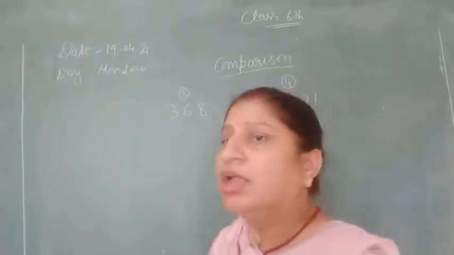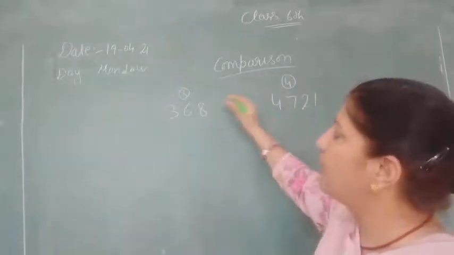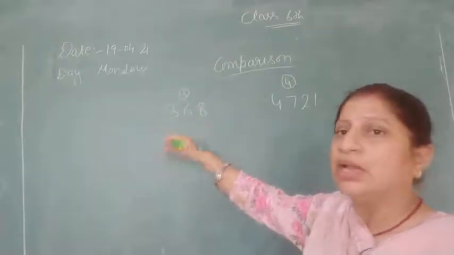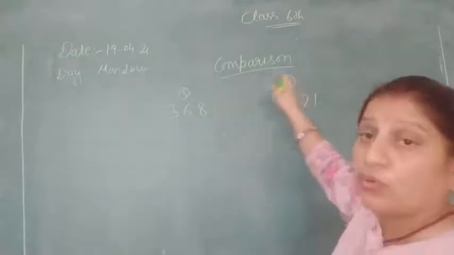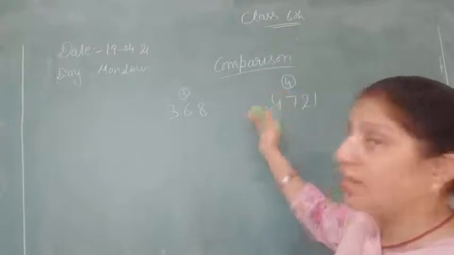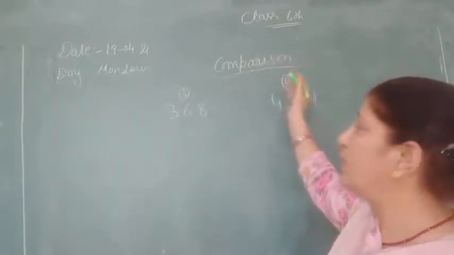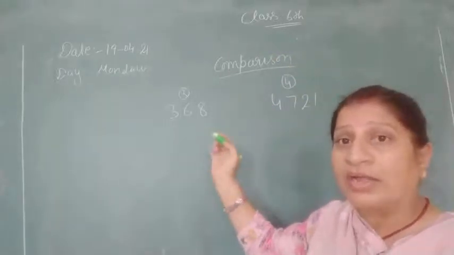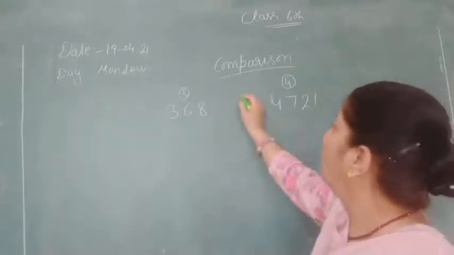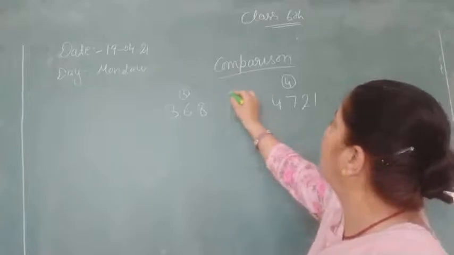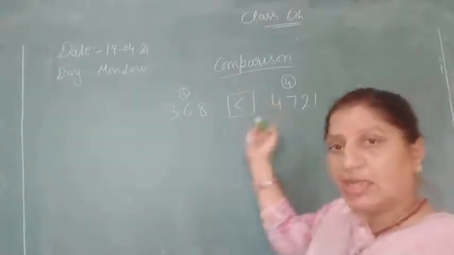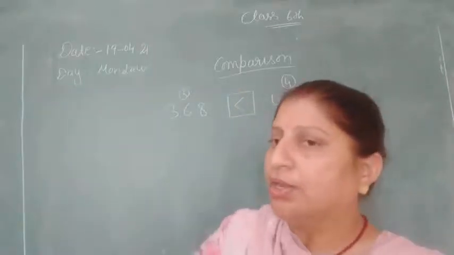Clear this one? Now it is very simple that a 3 digit number is smaller than a 4 digit number. That's why by only counting the digits of the numbers we are able to find our answer that 4721 is greater. Clear?